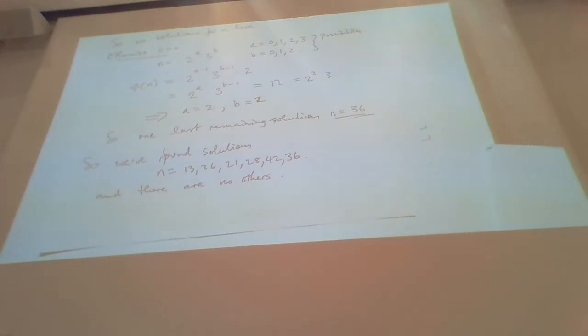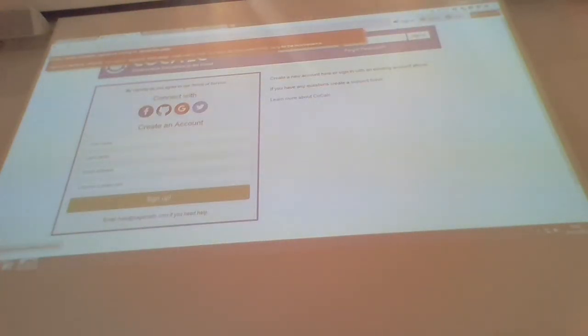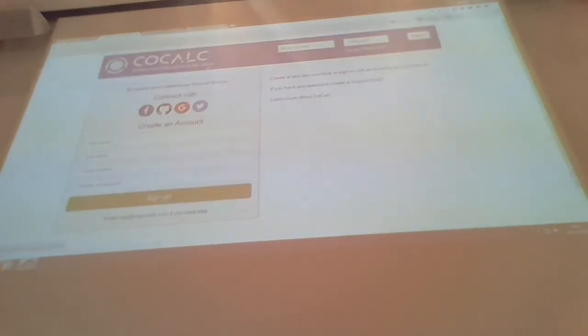You can be gathering up your stuff, but let's just see a quick computer confirmation of that.